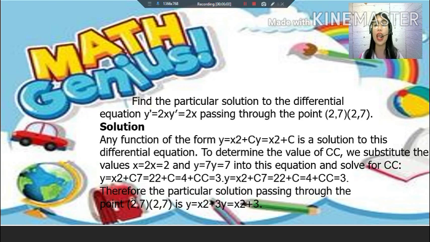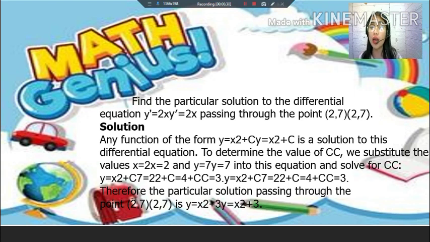The solution is any function of the form y equals x squared plus c, which is a solution to this differential equation. To determine the value of c, we substitute the value of x equals 2 and y equals 7 into this equation and solve for c.